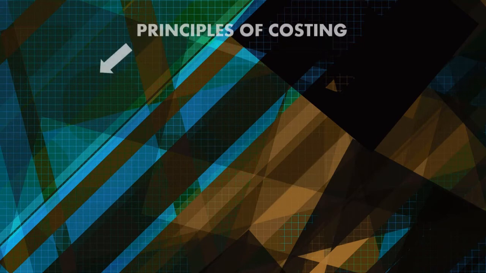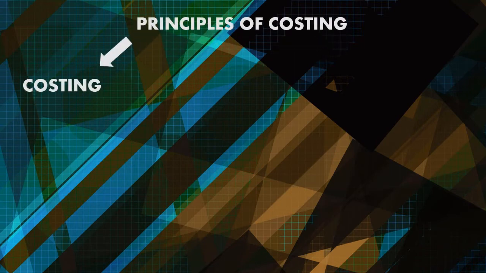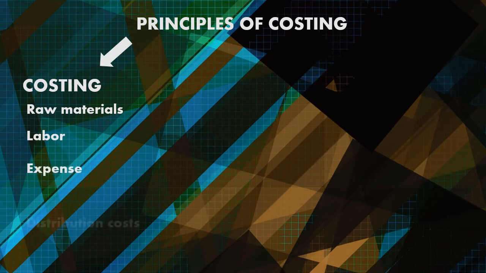One of the vital tasks in a food service operation is costing, which is the method of pricing the menu using common mathematical functions. A direct cost includes raw materials, labor, expenses, or distribution costs associated with producing a product.